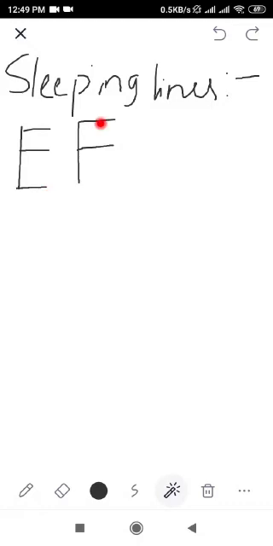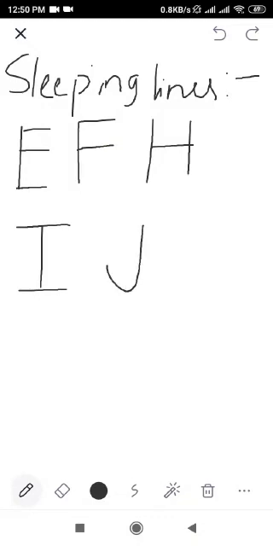In letter F, 2 sleeping lines. Then letter H. In letter H you use 1 sleeping line, right? In letter I also you use 2 sleeping lines like this. In letter J also you have to use 1 sleeping line. Then letter L is formed of standing line as well as 1 sleeping line, right?